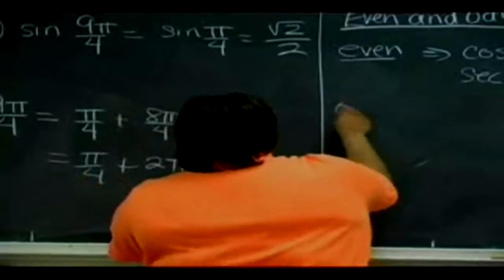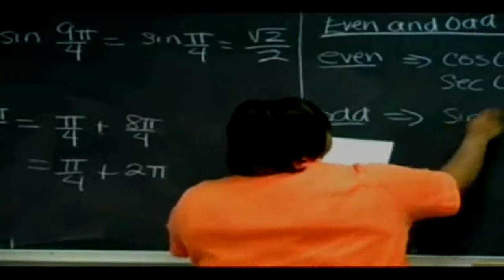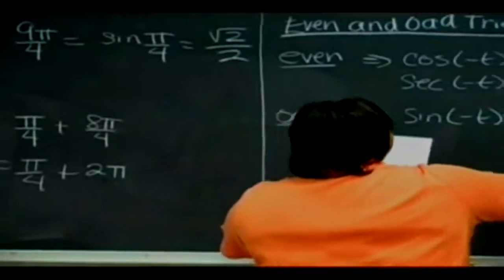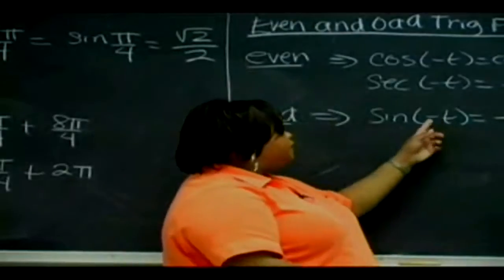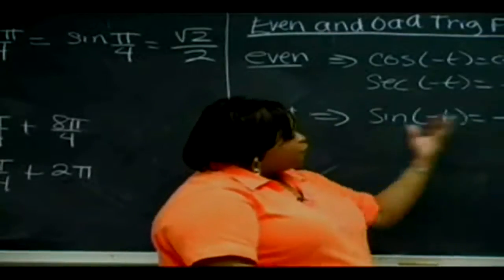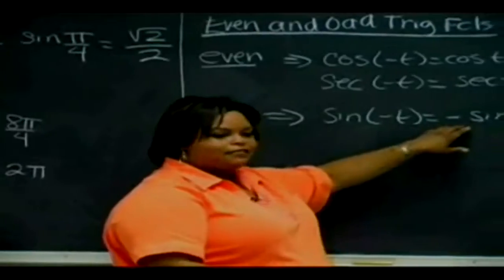My odd functions, all the rest of them, are odd. Sine of negative t is negative sine t. So if I put negative t into the sine function, what will happen is it will make the whole function negative.